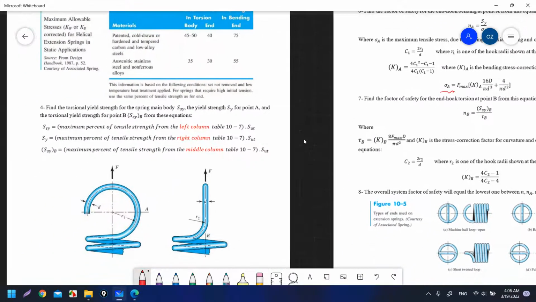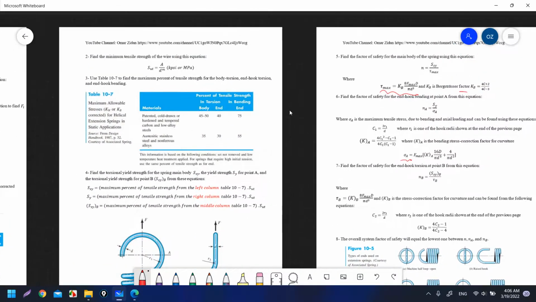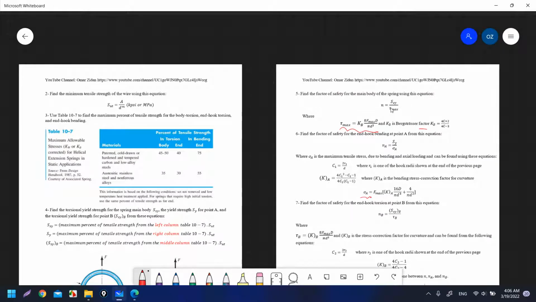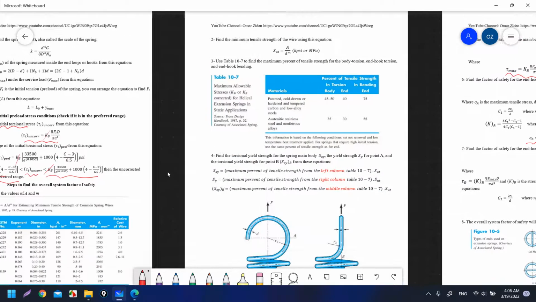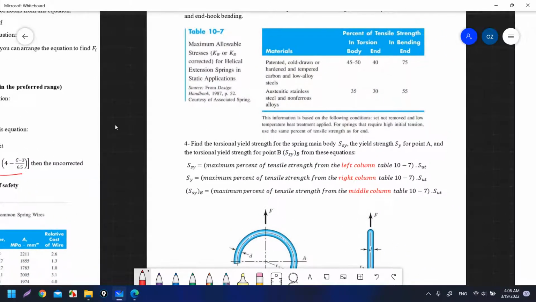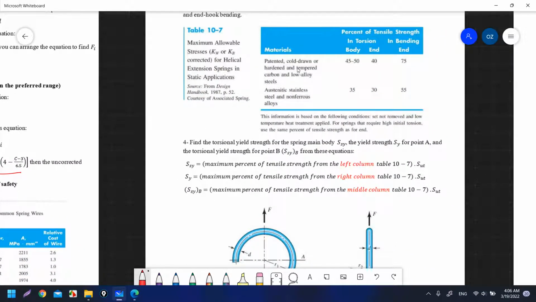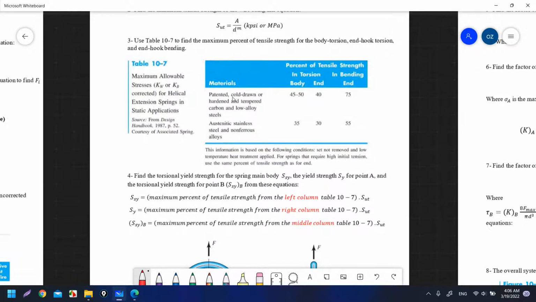So from where can we get the strength of the materials, SSY or SY, or SSY for point B? You will come here to this table. In our question we have hard drawn, so it is near to cold drawn or hardened. I don't know exactly what the manufacturing process is, how it is done, but you can search if you write hard drawn in Google.